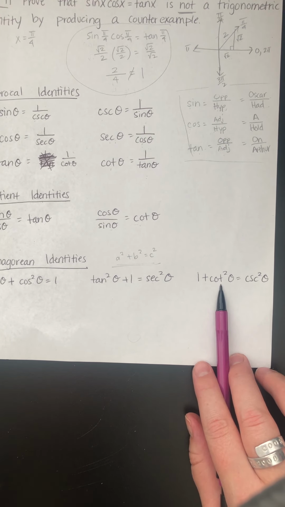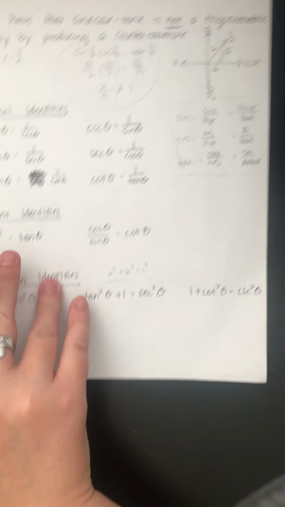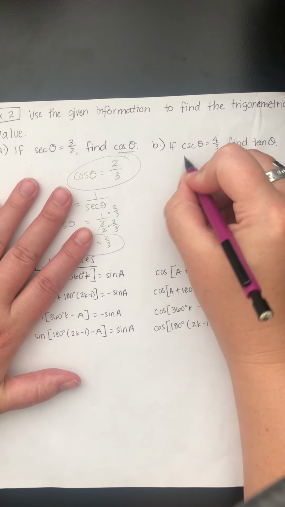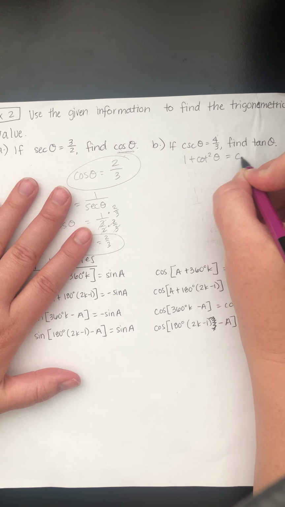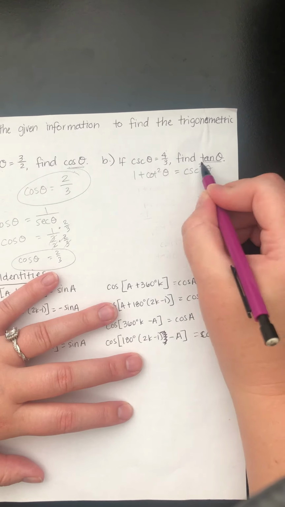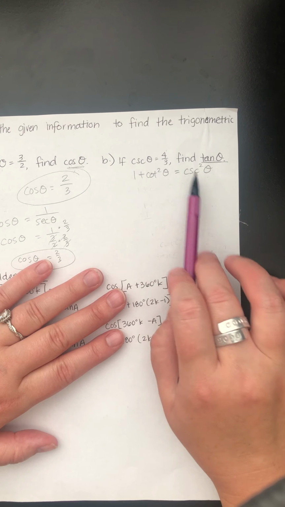And cotangent, we know cotangent and tangent are reciprocals. They're a reciprocal identity. So let's use this one: 1 plus cotangent squared equals cosecant squared. Okay, we're looking for tangent. So first, we're going to solve for cotangent because they told us what cosecant was.